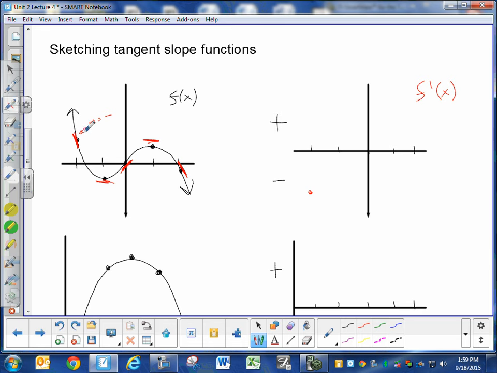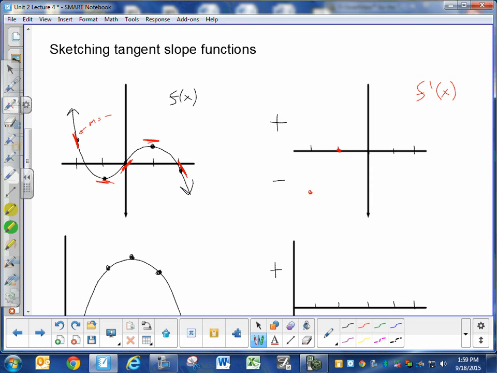Now at -1, this slope looks to be horizontal. So what is that value for a slope if it's a horizontal line? 0. Over here, I'm going to plot the f prime value, or my tangent slope value, of 0.